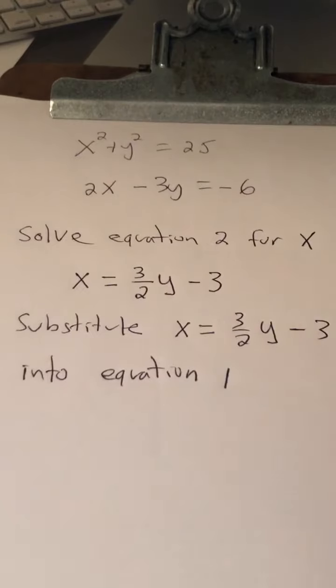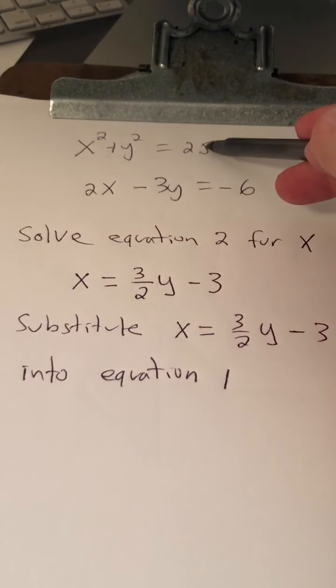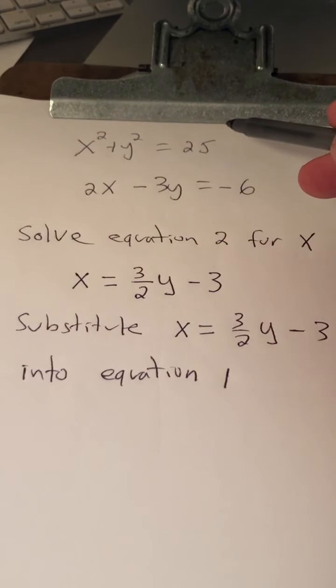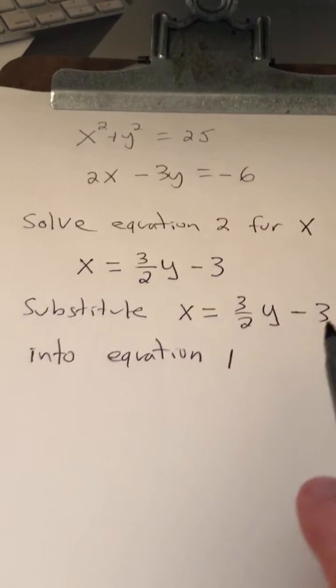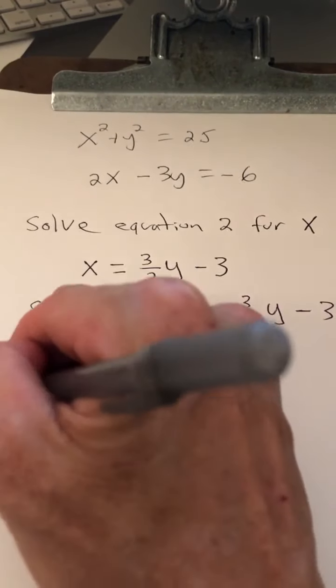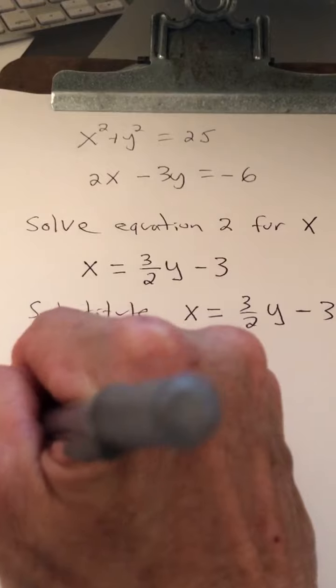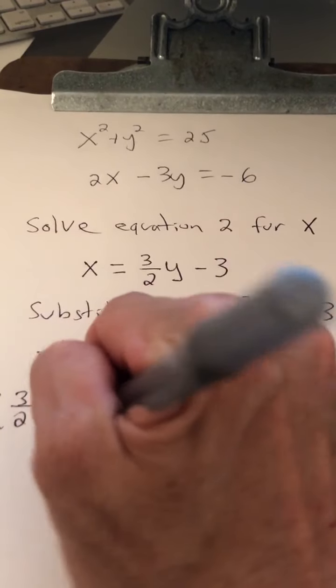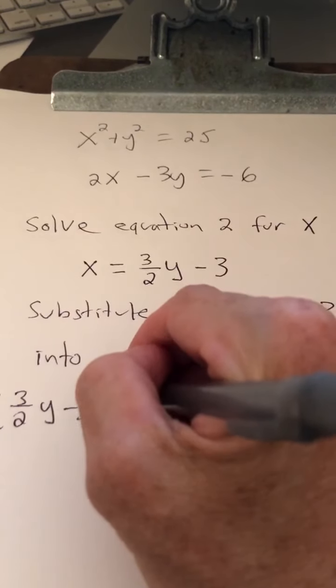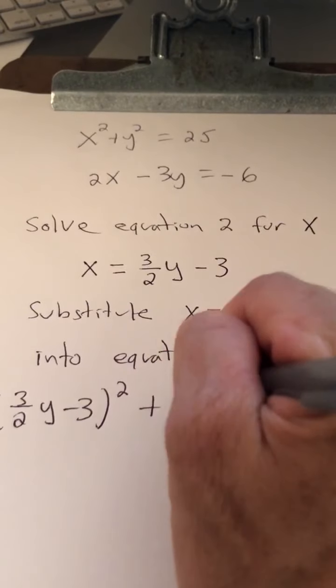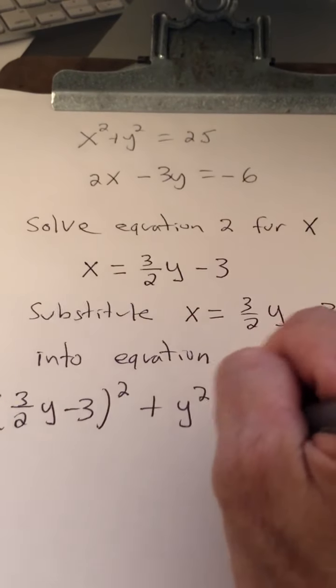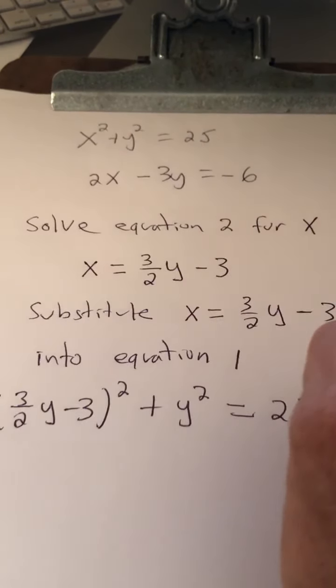So remember, equation 1 is x squared plus y squared equals 25. So what we have is 3/2 y minus 3, the quantity squared, plus y squared equals 25.